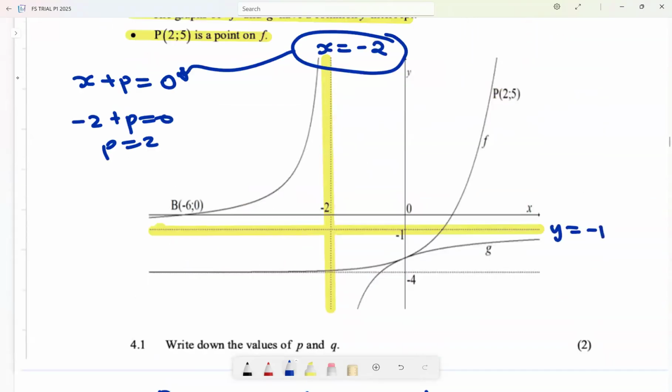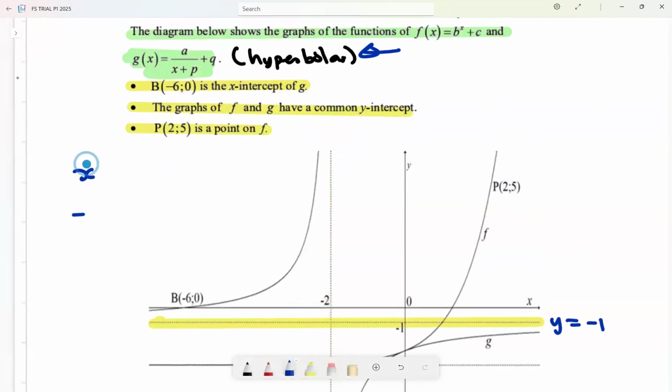Guys, let me just make sure that you understand this. Remember, when you are given, let me say, 3 over x plus -2, plus 4, and they say give the equation of the asymptotes, you're going to say x is equal to, if this is negative here, you're going to say +2, and y is equal to 4.